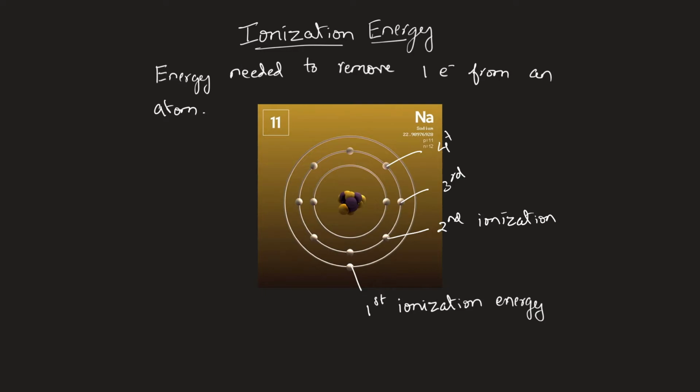This would be your fourth, and so on and so forth. And the trend here is each successive ionization energy is going to be bigger than the previous one, meaning the first ionization energy is lowest, the second one is higher than that, the third one is higher than the second one, the fourth is higher than the third one.